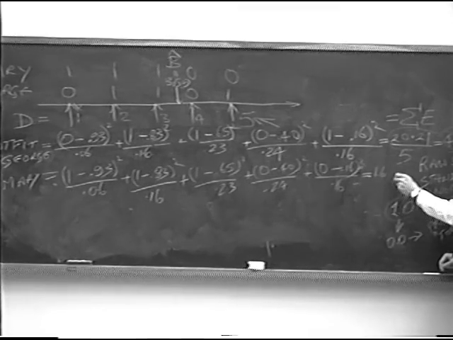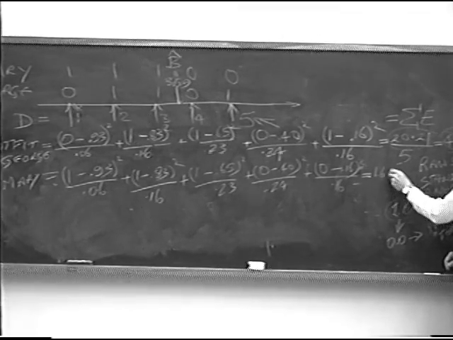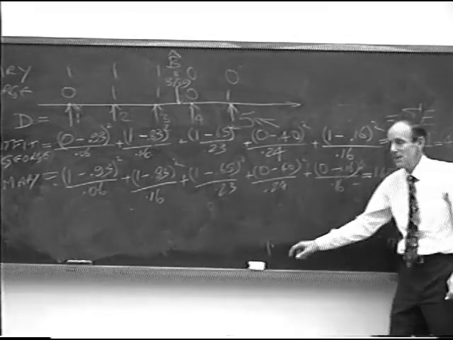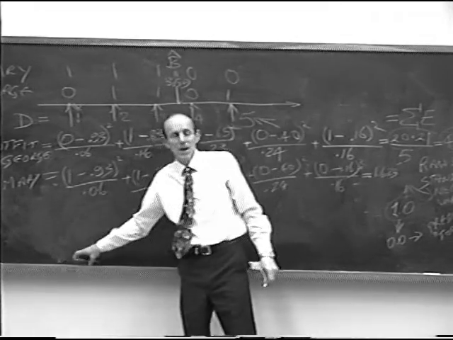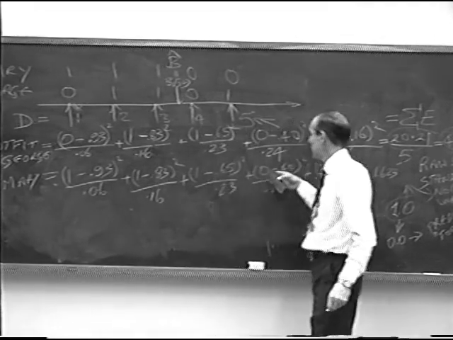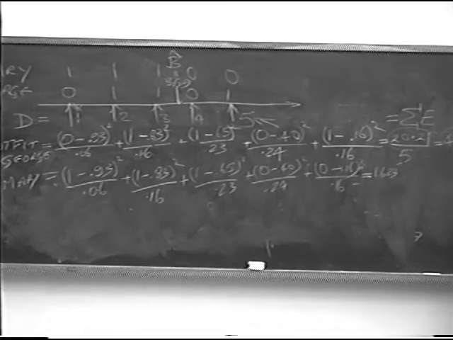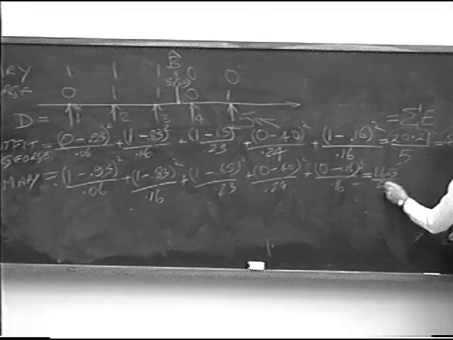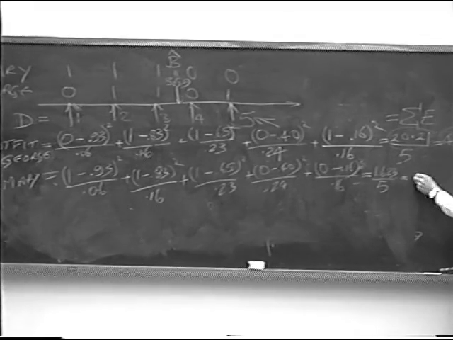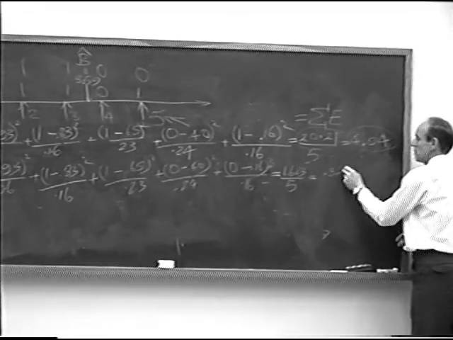Is this after the division or before the division? Before the division. 1.623, and then we're going to divide this. This is the sum of all these individual terms. And when we divide this by 5, we get 0.325, something like that.